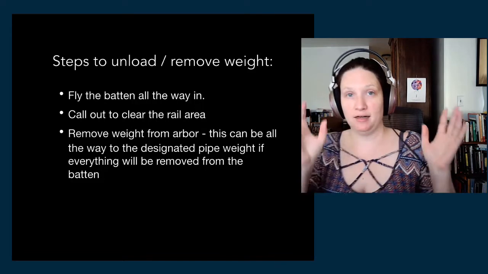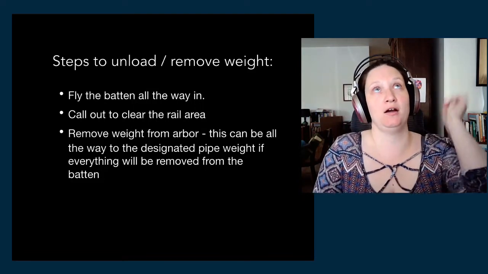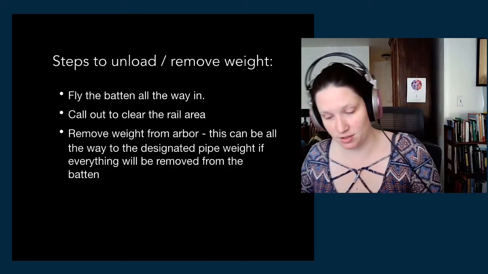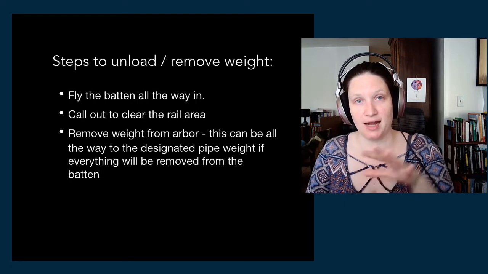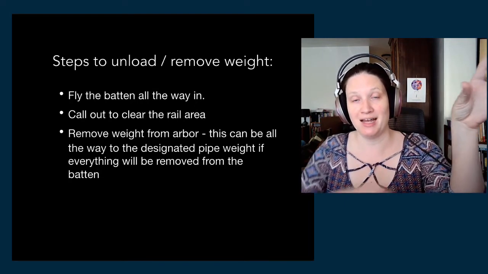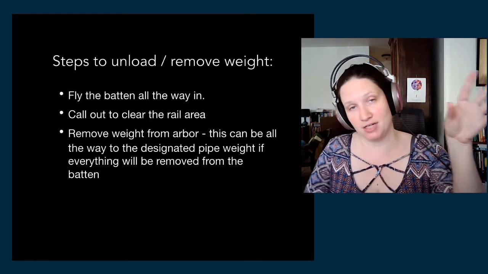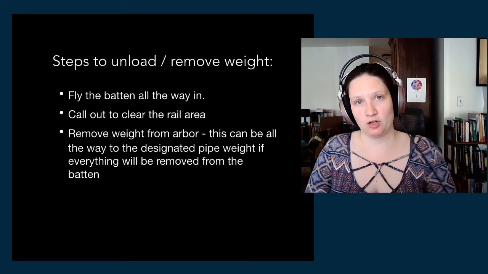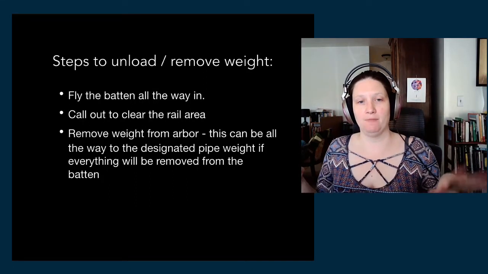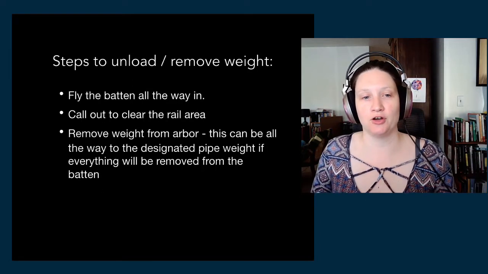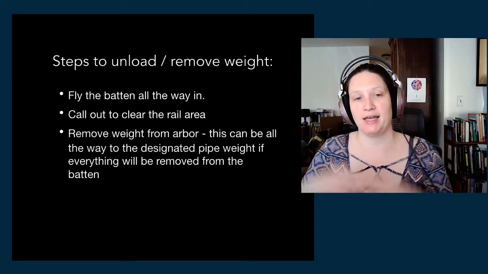So this again means arbor's up in the air, pipe with equipment is down on the ground, pipe still has all the equipment attached to it. At that point, we remove the weight from the arbor, and this again places all of that potential energy at the ground level. Okay, so this could be either all the way down to the pipe weight if we're taking everything off of the batten.